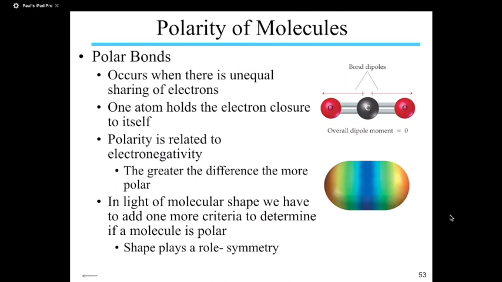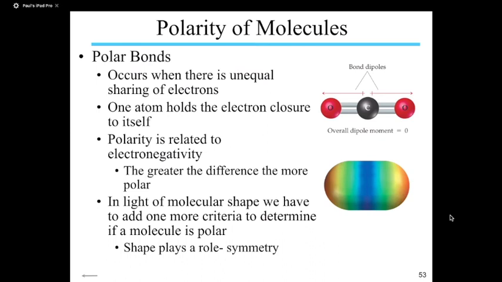Most of the time, if you have a polar bond somewhere, the molecule will be polar overall. But every so often, you'll have polar bonds, and they cancel each other out. This one can cancel each other out. That one can cancel each other out. What do you have to have for poles to cancel each other out?